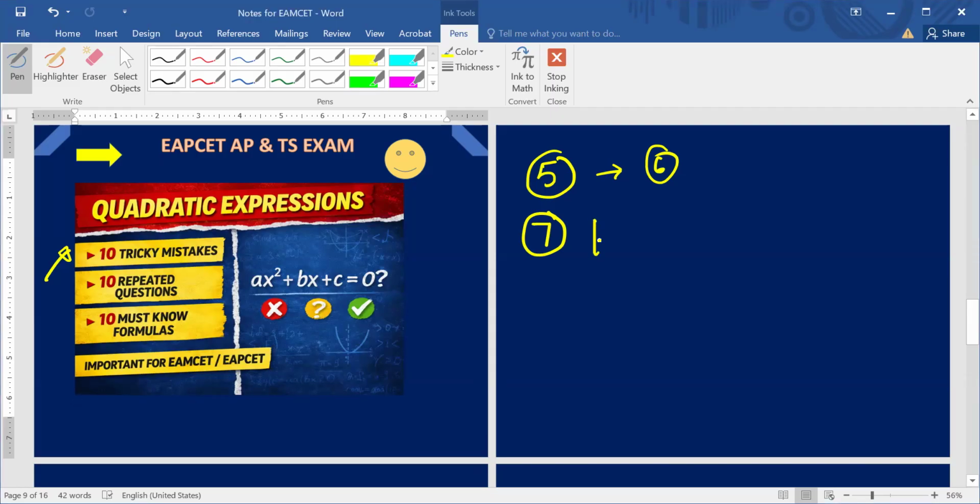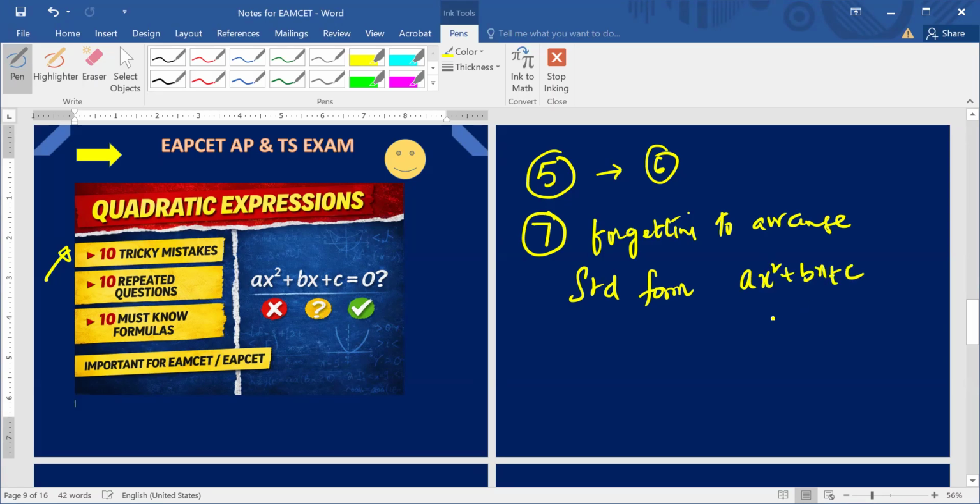We forget to arrange in the standard form. What is the standard form of the quadratic expression? I say expression ax square plus bx plus c. If I say equation, it is equal to 0.